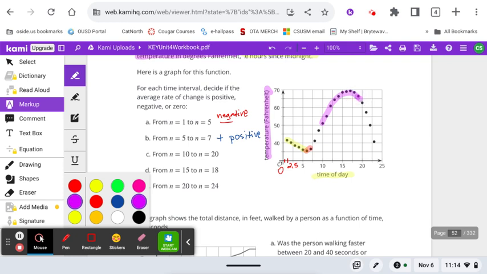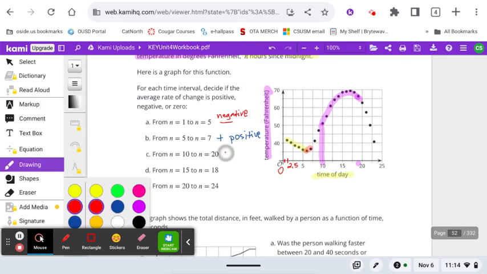Well, from 10, it starts here and is going up, going up, going up. But then at about, what does that look like? 15, 16, 17, 18, 19, 20. Somewhere around 17.5 or so, it starts going down. So I would say that this one goes positive and then negative.